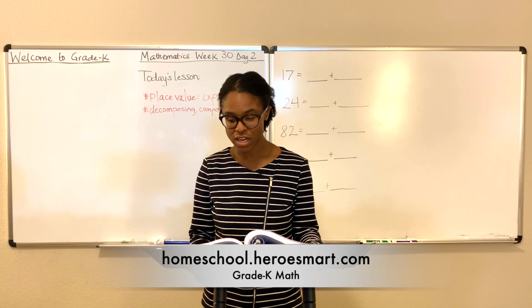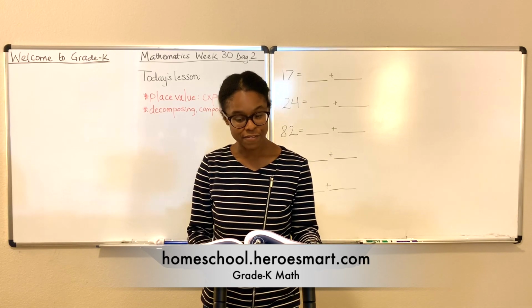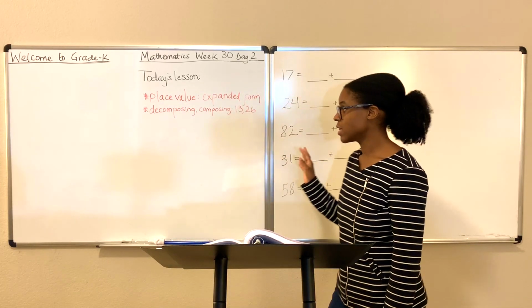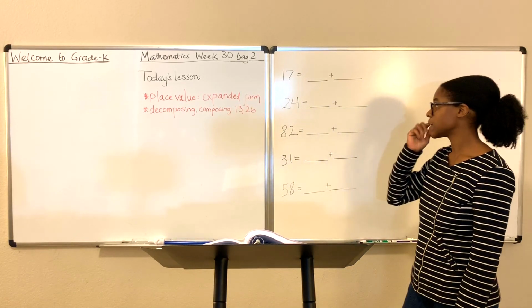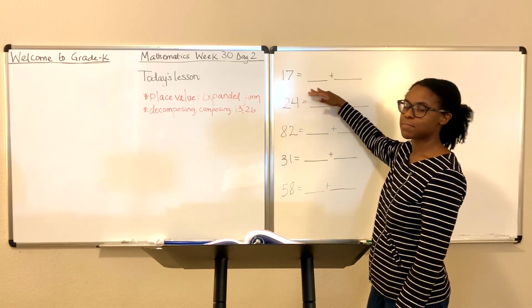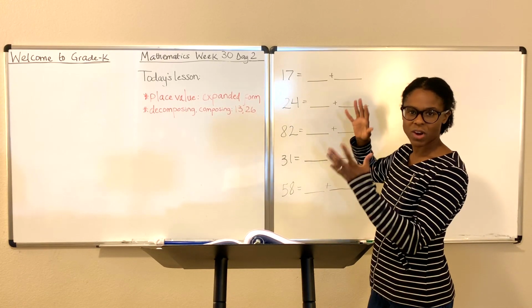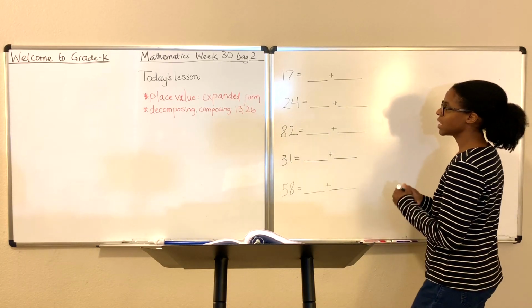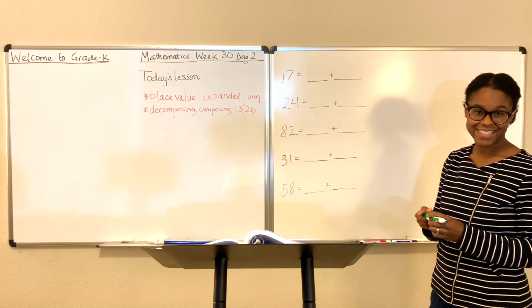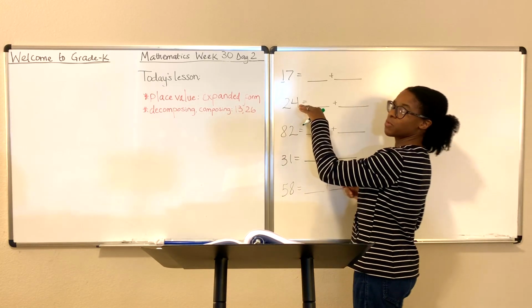We are on page 152. If you're following along, we want to begin by creating the expanded form of the numbers here. The standard form is 17. We want to expand it, or write it out. We start by looking at the first digit. That first digit is in the tens place. Do you remember what we said?